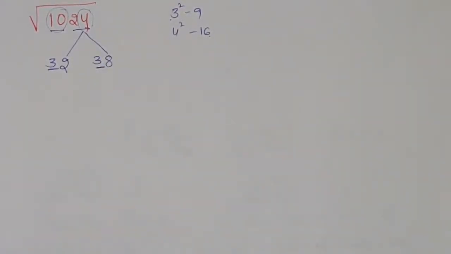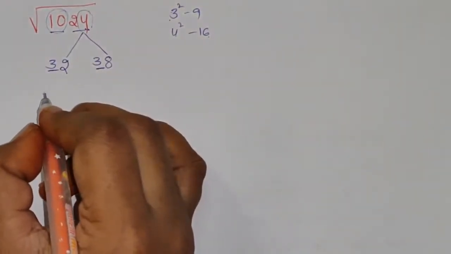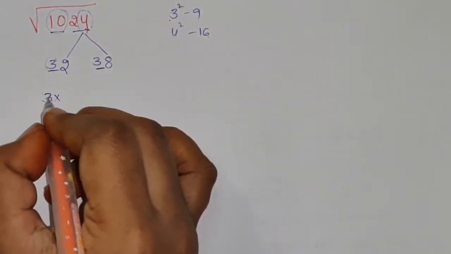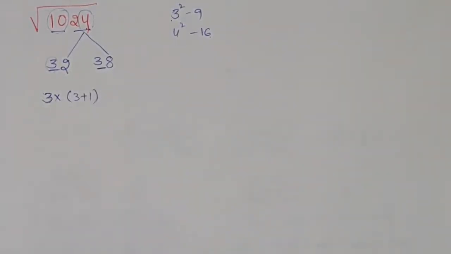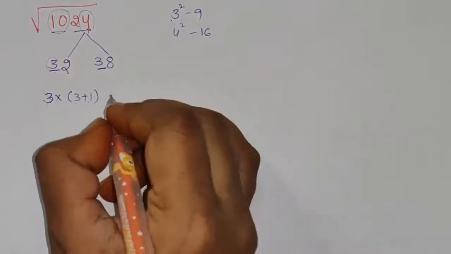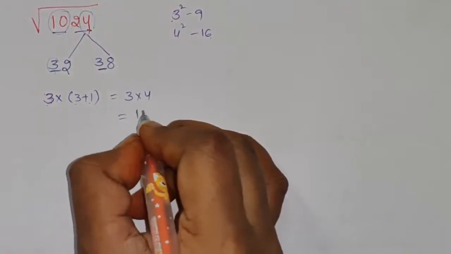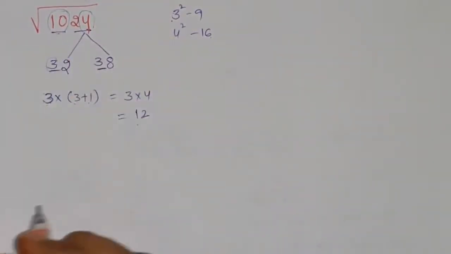From these two numbers, which is the perfect square root for 1024? To check that, we do the same thing as in the previous problem, that is 3 into, here the first digit is 3, so I am taking 3 into 3 plus 1. We should increase one number. So 3 into 3 plus 1 is 3 into 4, which equals 12. Is this 10 less than 12 or greater than 12?